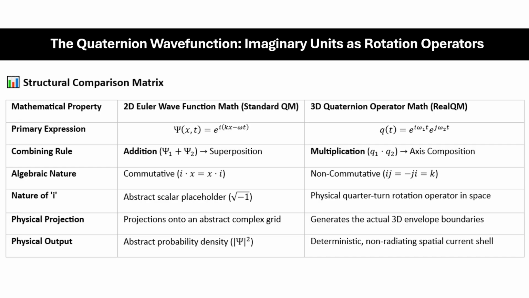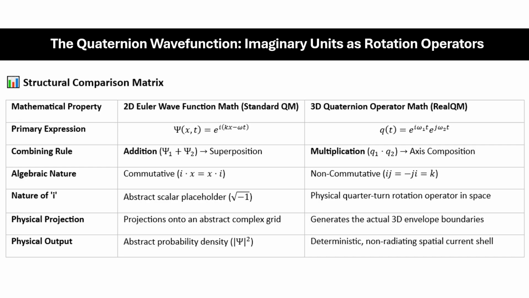So the non-commutativity, sorry for my English, is essential. It's really important because if you go through the papers, you will see that it acts as a geometric barrier, preventing the charge from intersecting itself. And it's the only thing that can create this deterministic, non-radiating current shell.